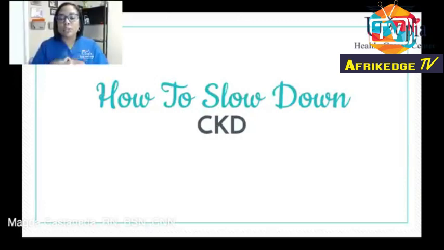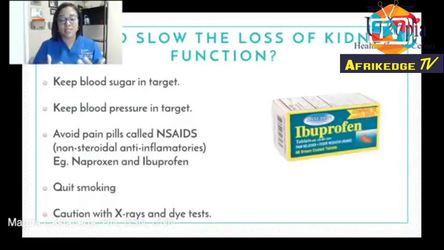So how to slow down CKD? So let's say you know a person that has been diagnosed with chronic kidney disease, or the doctor has told you that you have chronic kidney disease. What do you do? How do you slow down the process? We are able to slow down the process, but it takes a lot of you, right? Of the person that has been diagnosed.